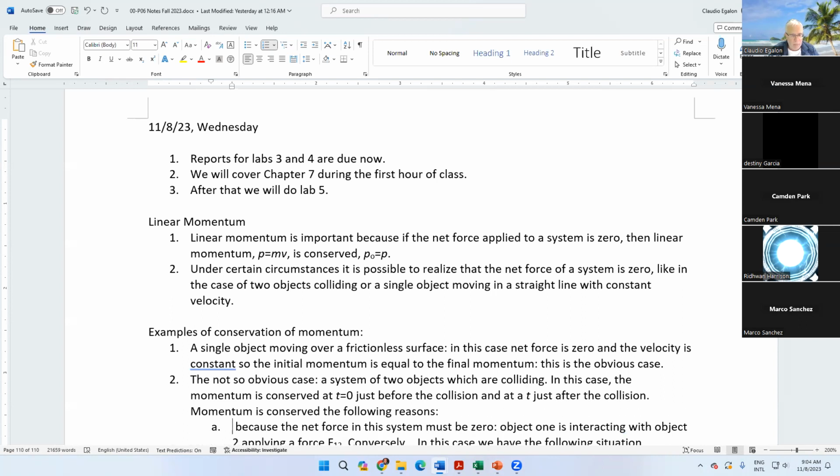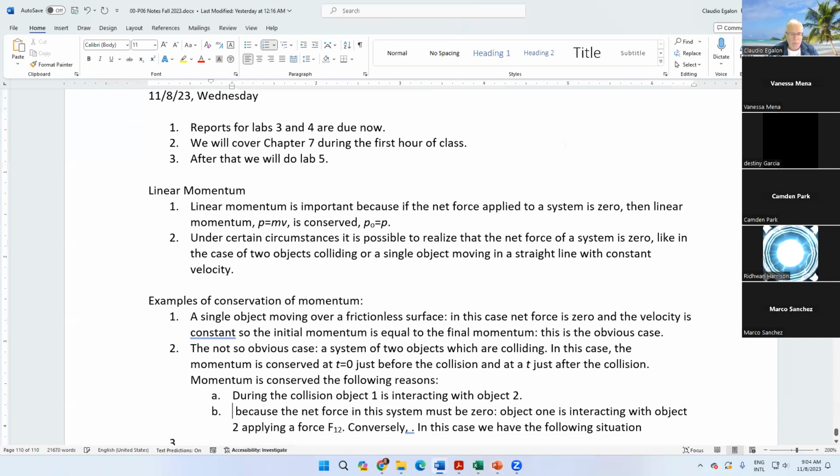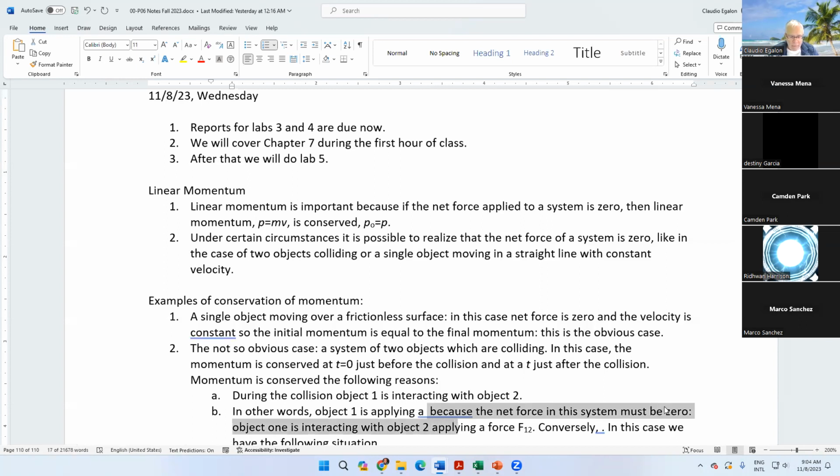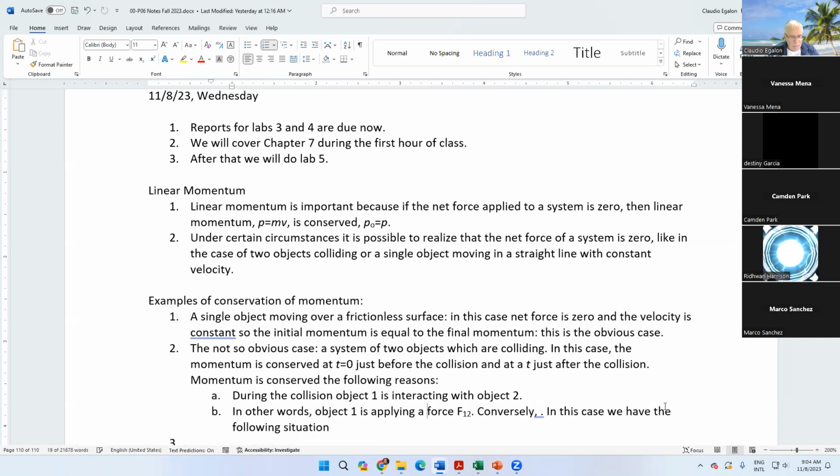One, during the collision, object one is interacting with object two. In other words, object one is applying a force F12 to object two.